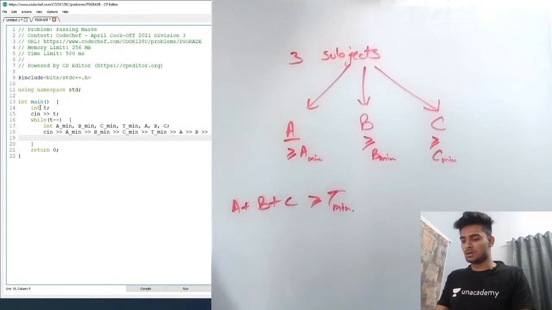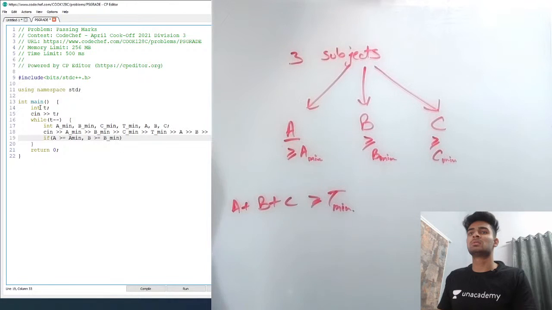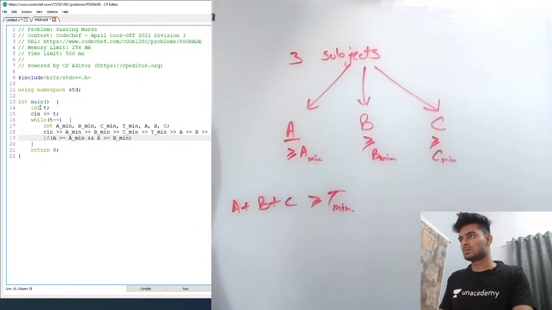Now we just need to check if a is greater than or equal to a_min, b is greater than or equal to b_min, and c is greater than or equal to c_min.